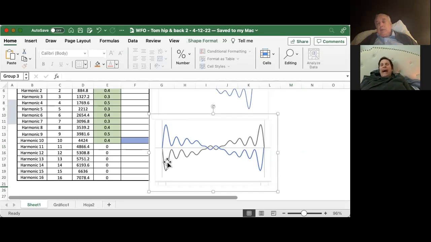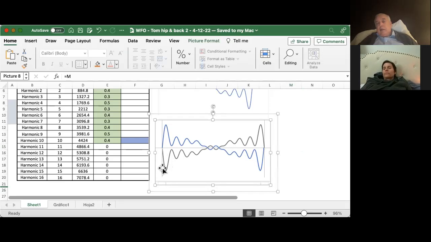I want the body to produce this black one, and I want it to start right there, right at the beginning, in exactly the place where the other one starts, so that this and this cancel each other out. And this cancel each other out. And this cancel each other out. So that the whole waveform cancels itself out, just like a noise canceling headset works.